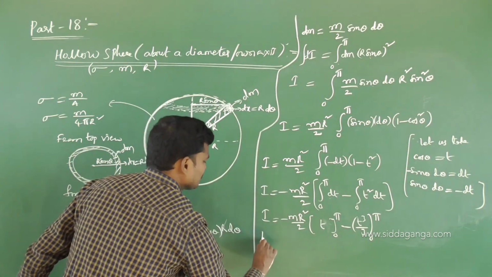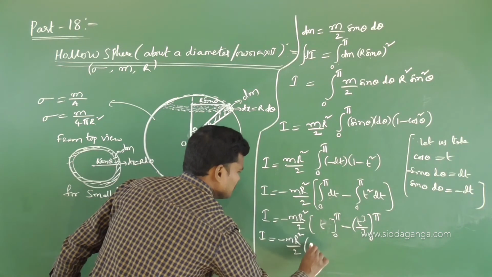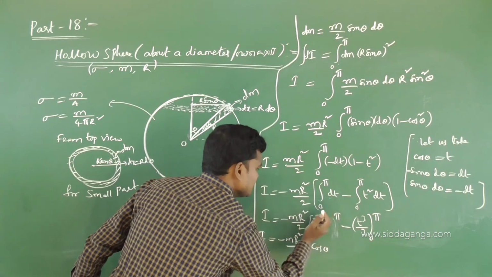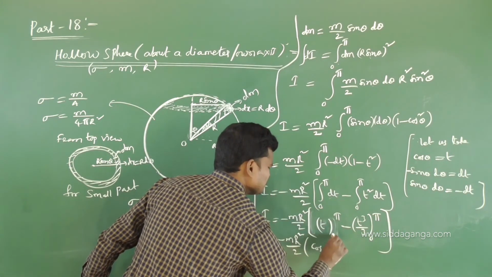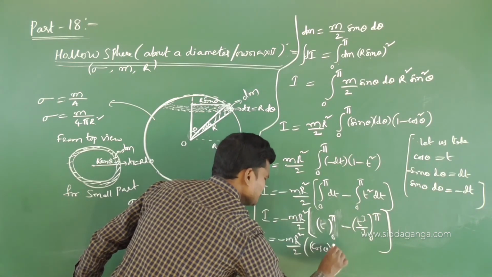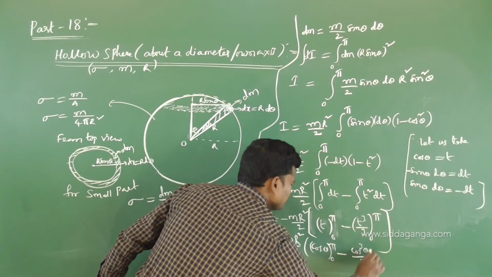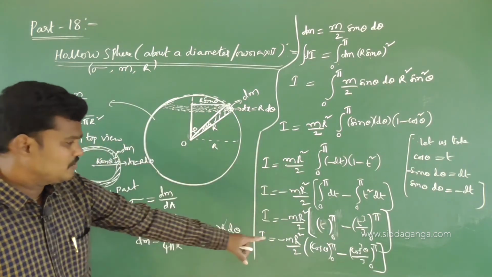T is nothing but cos theta. So I is equal to minus mr square by 2, in brackets, cos theta from 0 to pi minus cos cube theta by 3 from 0 to pi. See, it was complicated, now it is easy.